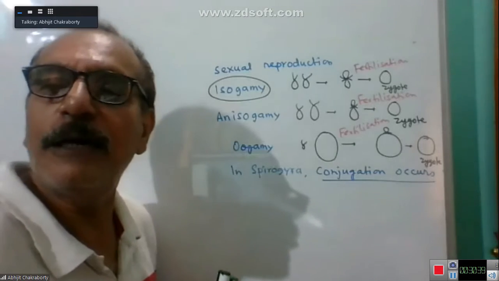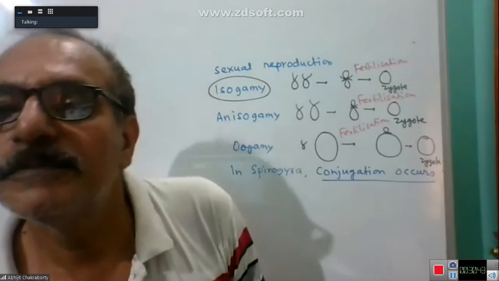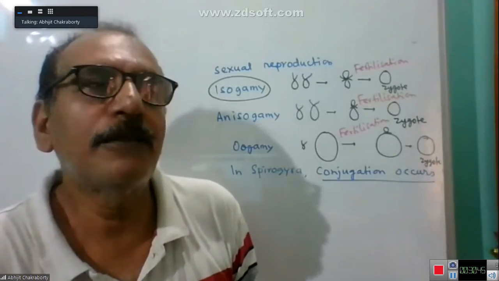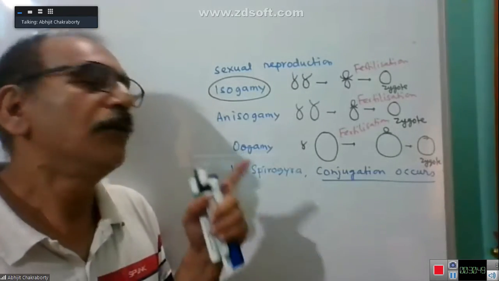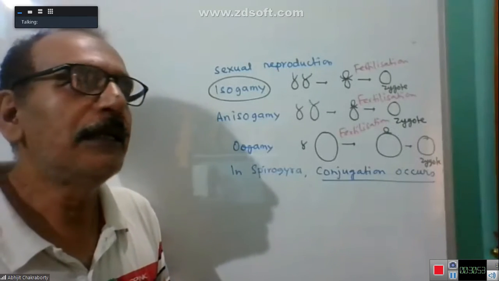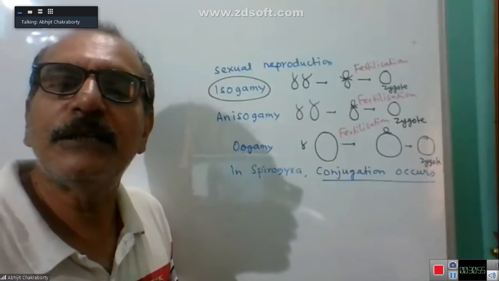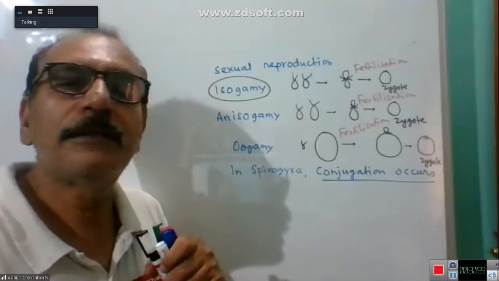I think you know what conjugation is. Conjugation refers to the union of two gametes, where gametangial union is required.